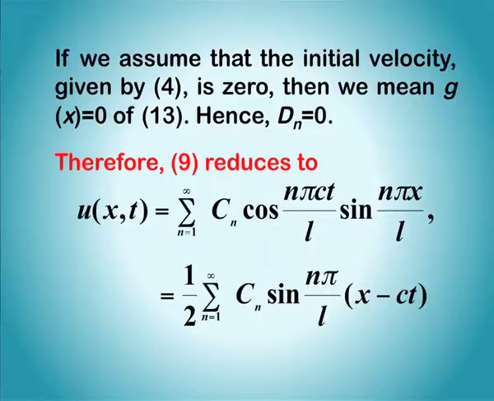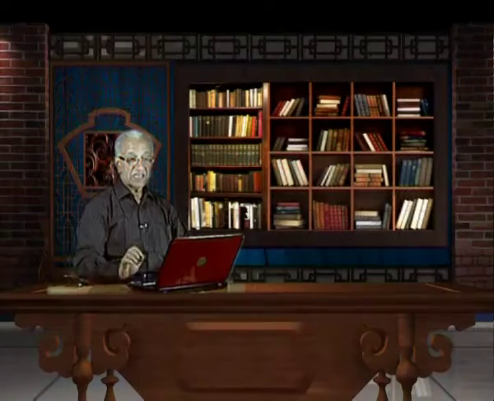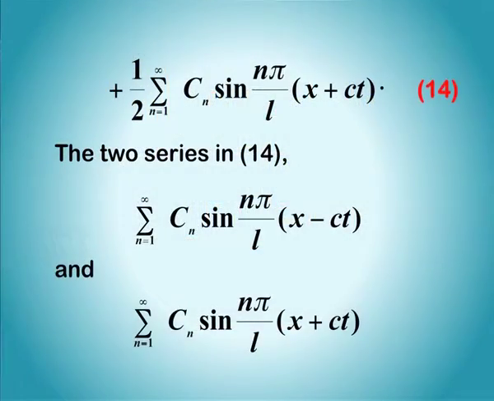You notice a very important thing, that is the second step. Half sigma n from 1 to infinity Cn sine of n pi upon L multiplied by x minus ct, and look at equation 14, plus 1 upon 2 sigma n is equal to 1 to infinity Cn sine of n pi upon L x plus ct. What I want to emphasize is this term.